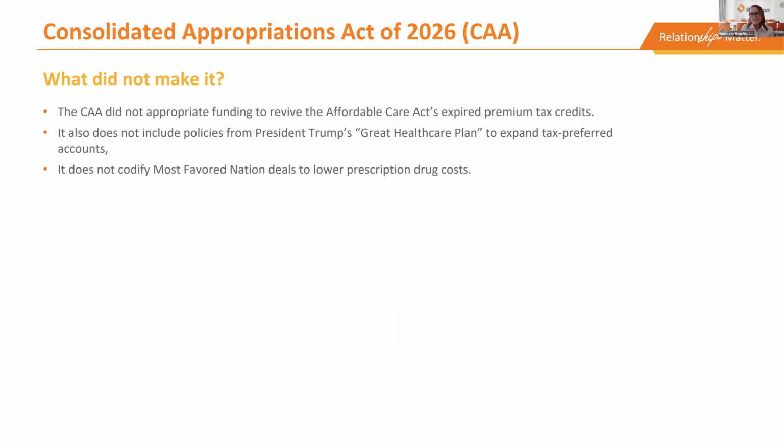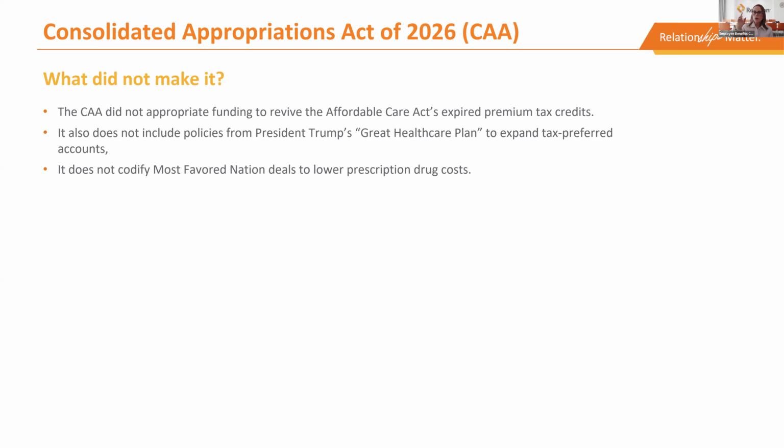So what did not make it into the bill? Well, it did not extend the premium tax credits, as I think we all know. It did not include policies that President Trump wanted to expand tax preferred accounts. It was under his great healthcare plan. And then it did not codify the most favored nation deals to lower prescription drug costs.